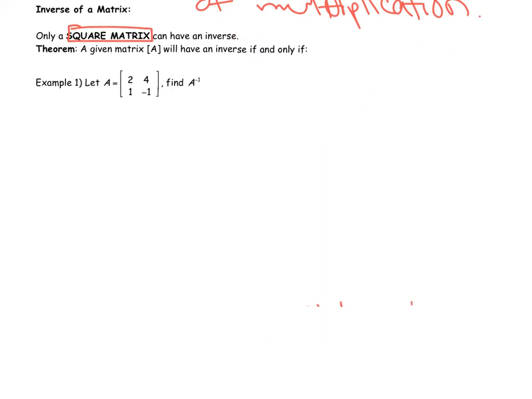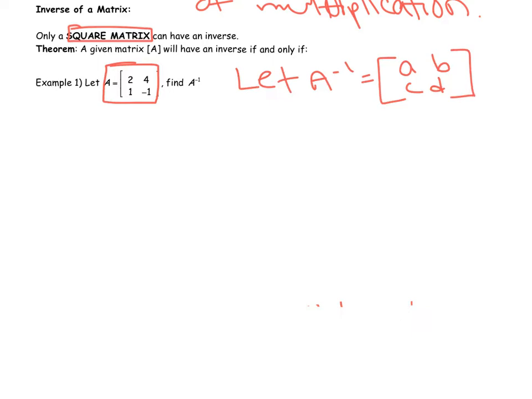All right, so let's take a look at the first example. Let A equal the following matrix. We want to find A inverse. I'm going to let A inverse equal that A, B, C, D we had from before. So what we know is the following. We know that A times its inverse is going to get me back to the identity.